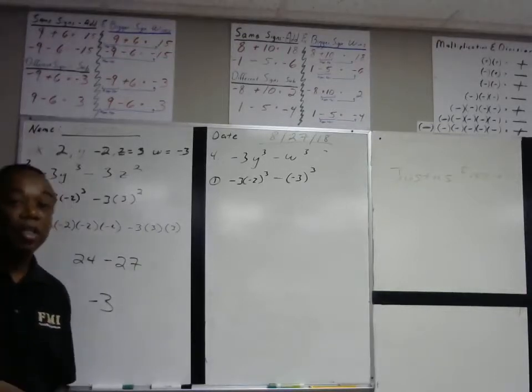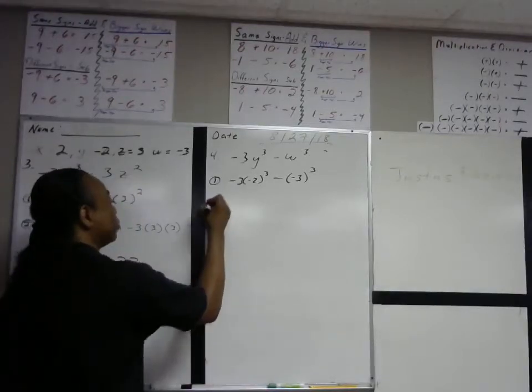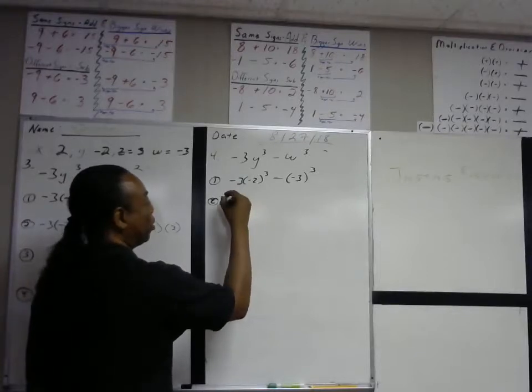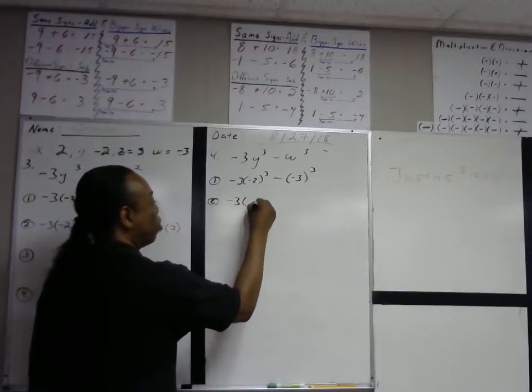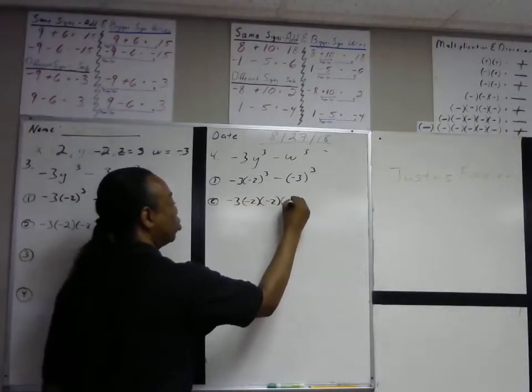Now, step 2, we're going to do some expansion. The expansion of this will be negative 3, parentheses, negative 2, negative 2, negative 2.